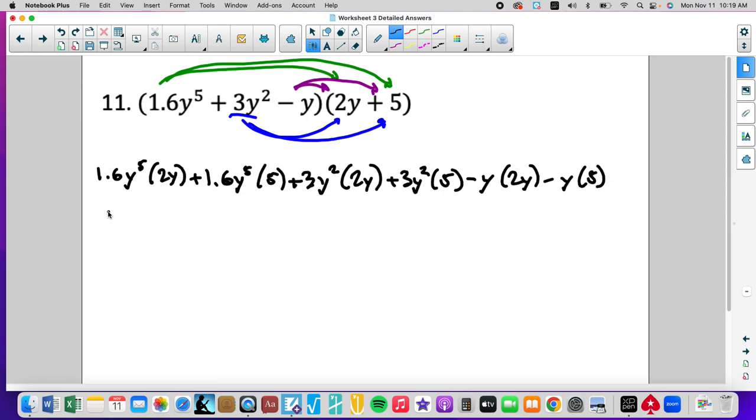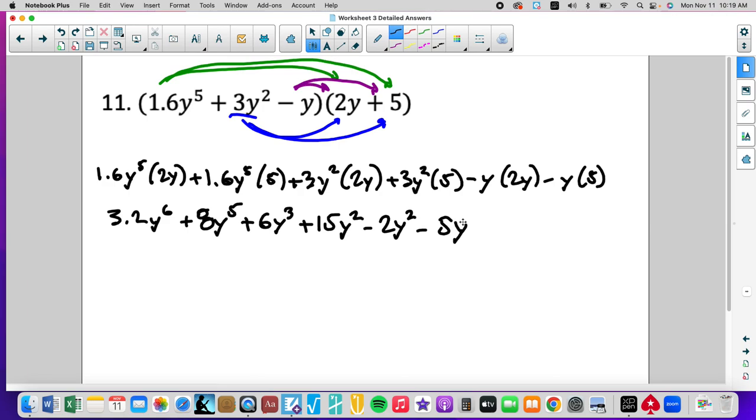What's that? Doubled is 3.2y to the 6th. y to the 5th times 5, what's that, 60, 70, 80, 8y to the 5th. This is plus 6y to the 3rd. That's plus 15y squared. This is minus 2y squared, and that's minus 5y.